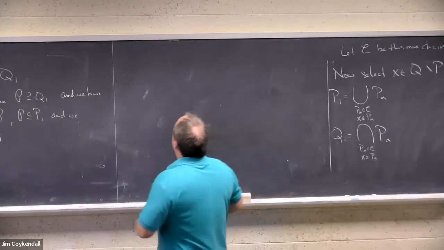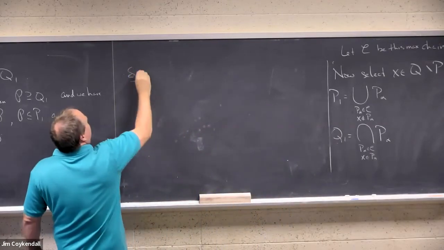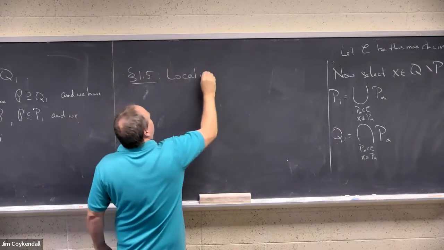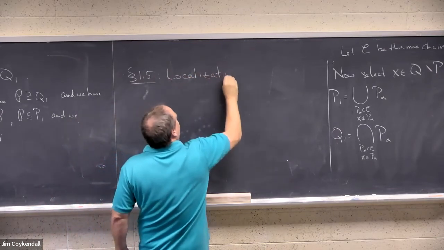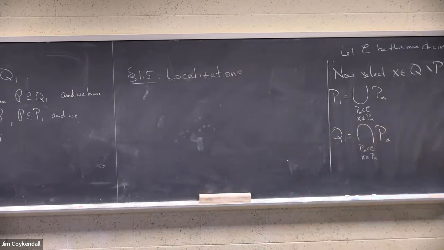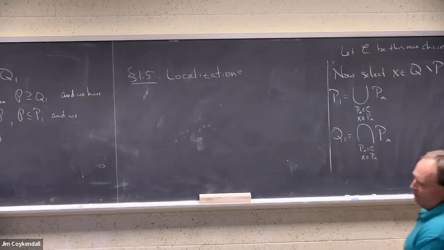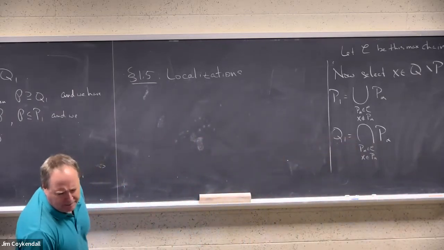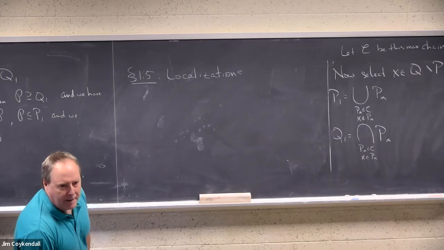Now we're going to talk a little bit about localizations, and the talk I'm going to give you is a little bit domain centric. I am a big fan of the domain case. Probably part of your next assignment, I might have to kind of patch in some details about more general localizations, and yeah, we'll see. So we talked a lot about multiplicative sets.